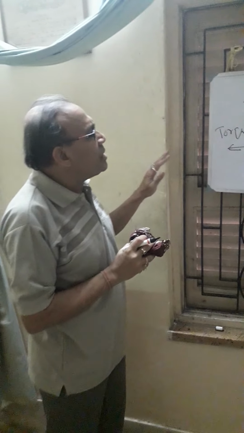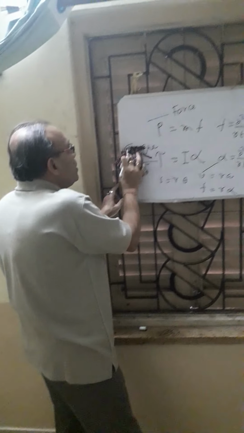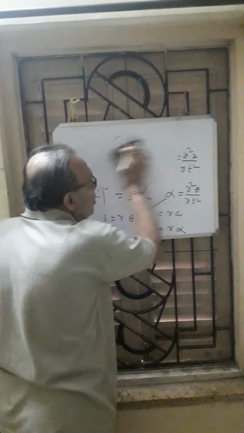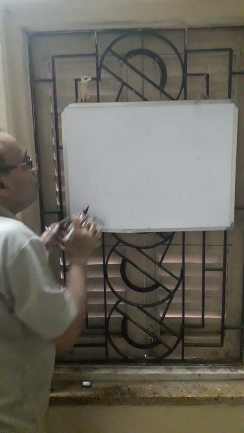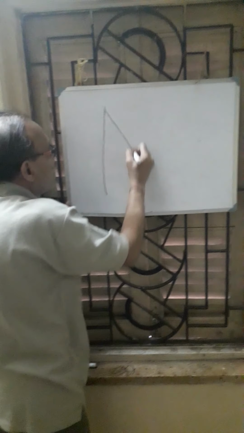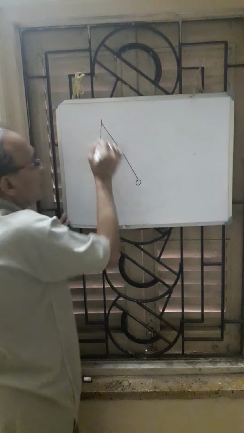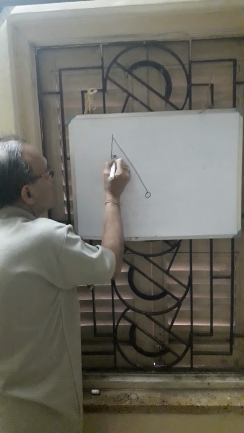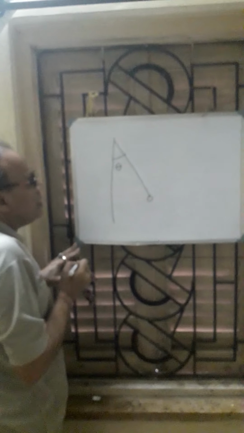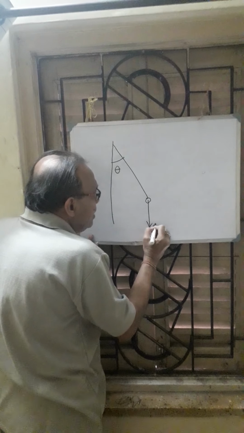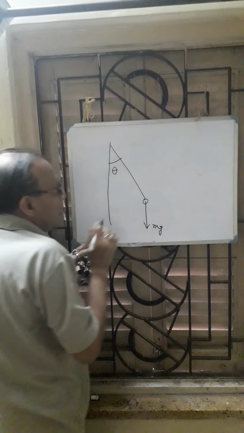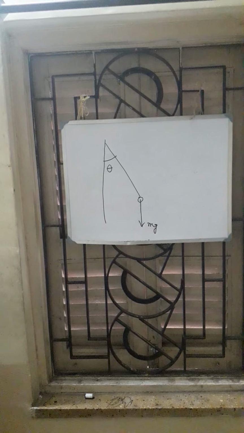With this very simple understanding, we are now discussing a very well-known thing known as the simple pendulum. I know it from class 12. What is a simple pendulum? A simple string is here. This string is inextensible. The string has no mass. It makes an angle theta with the y-axis. A very small heavy particle, weight mg, is acting vertically downward.